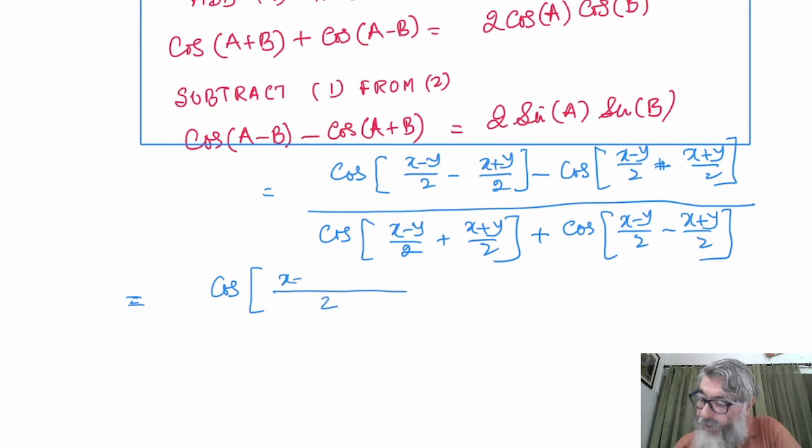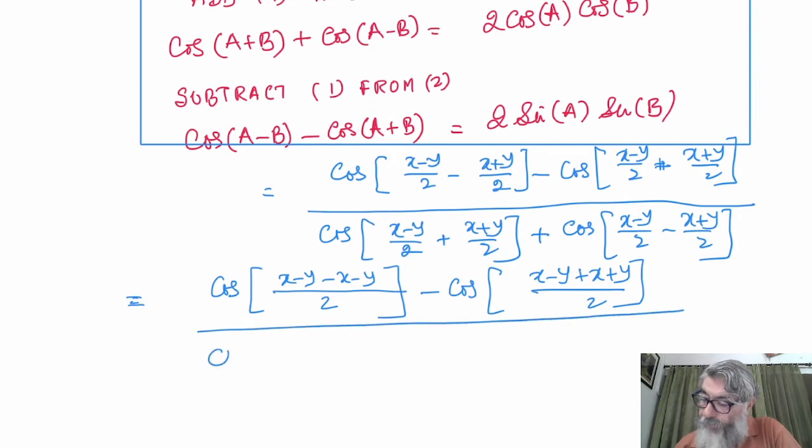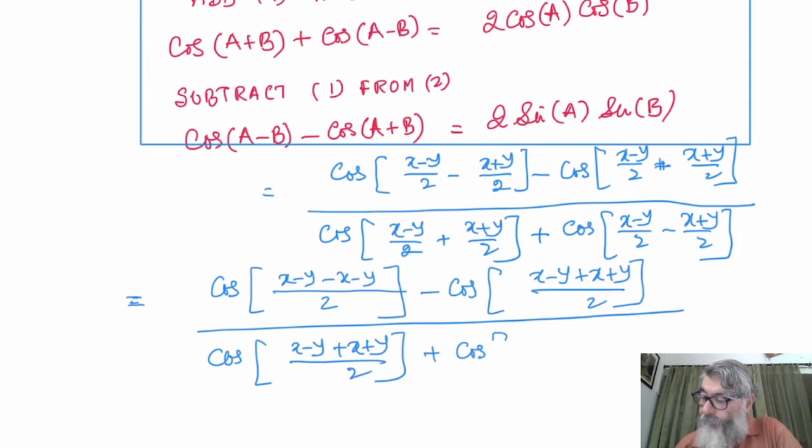It will be cos (x minus y minus x minus y)/2 minus cos (x minus y plus x plus y)/2, upon cos (x minus y plus x plus y)/2 plus cos (x minus y minus x minus y)/2.